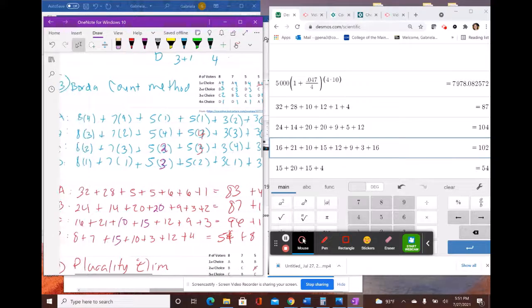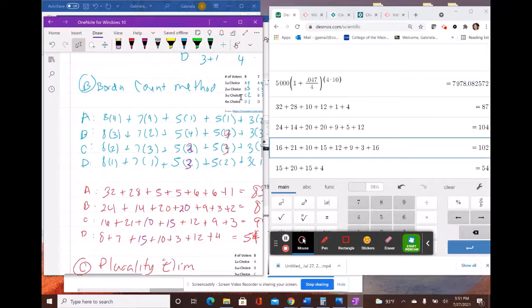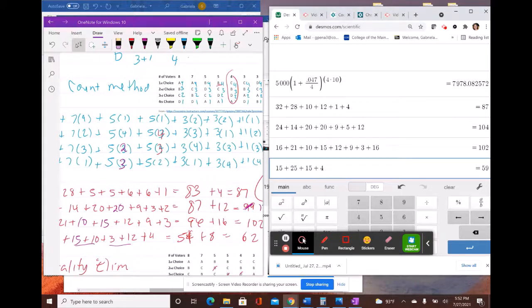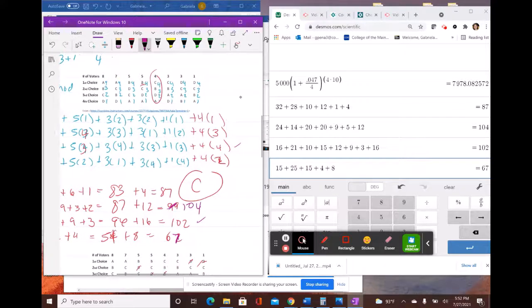And then the bottom, it was 15 plus 25 for these two, plus 15 plus 4 plus 8. That is 67. But when I look at this, the winner is actually B.